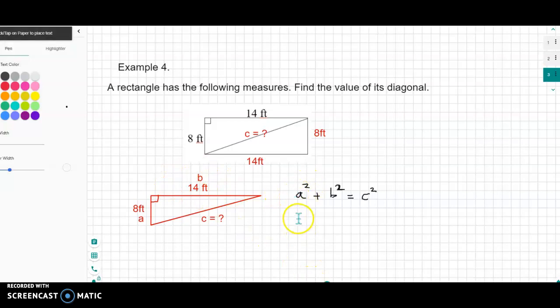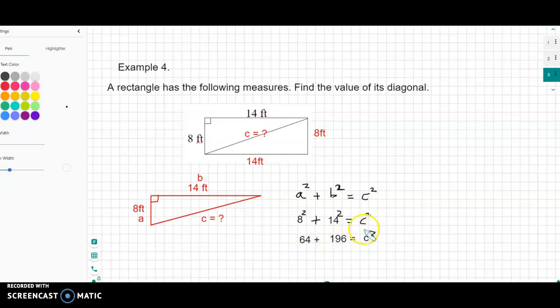We replace these values here, and that will be 8 to the power of 2 plus 14 to the power of 2 equals C squared. We can solve the exponents: 8 to the power of 2 is 64, plus 14 to the power of 2, which is 196. 196 equals C squared.